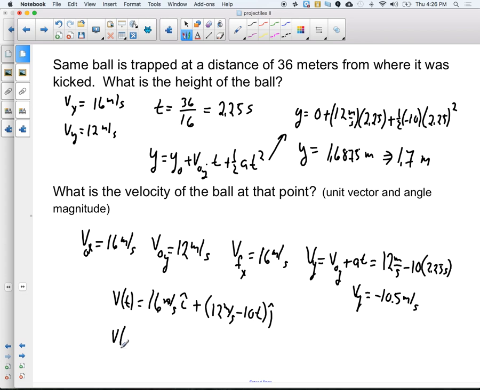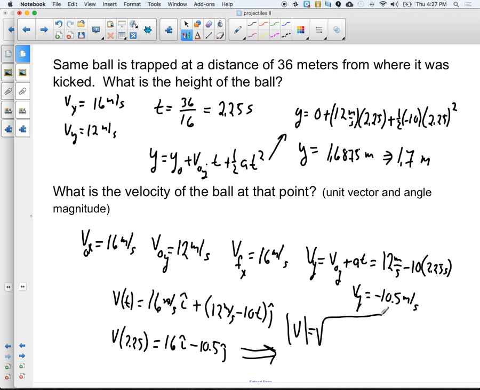The velocity at 2.25 seconds would be 16 i hat minus 10.5 j hat.